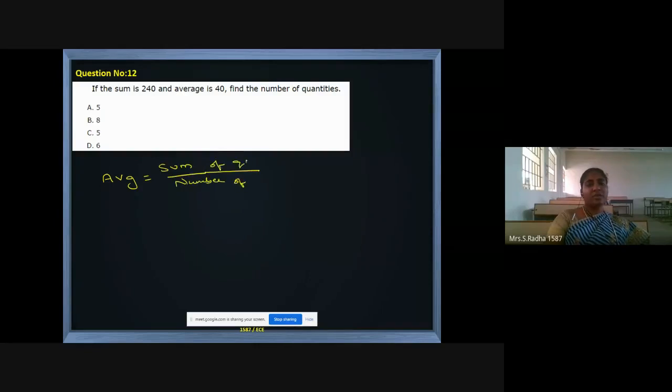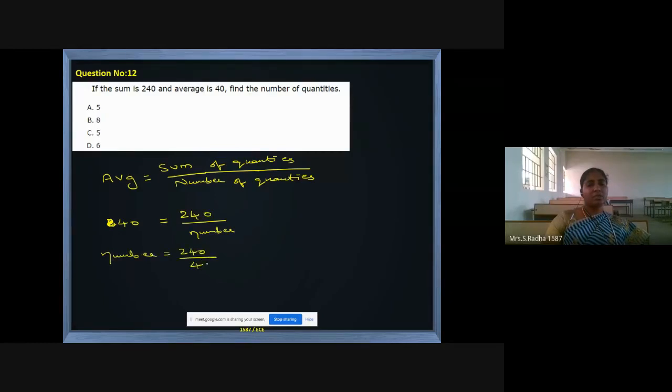They have given the average value and the sum value, and you have to find the number of quantities. So the number of quantities is 240 by 40. The 0 and 0 get cancelled, and 4 cancels with 24, which becomes 6. So 6 numbers are averaged so that we get an average of 40.